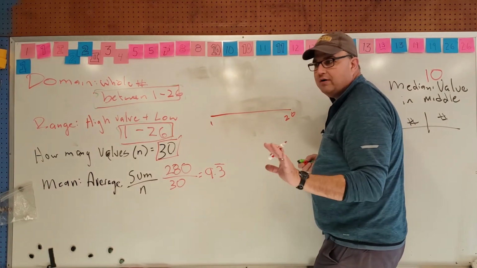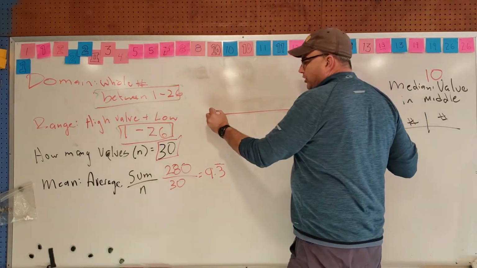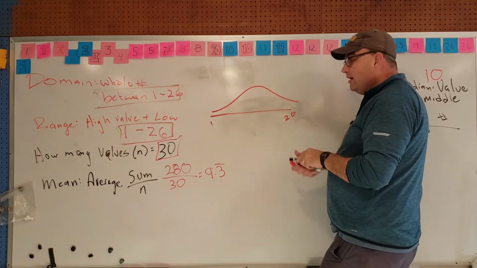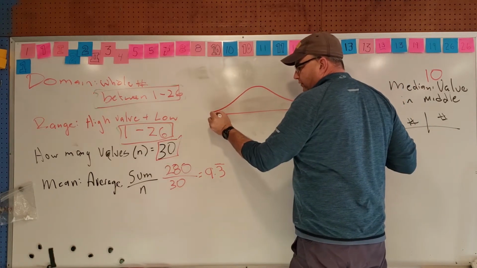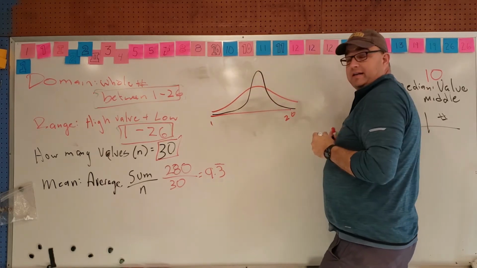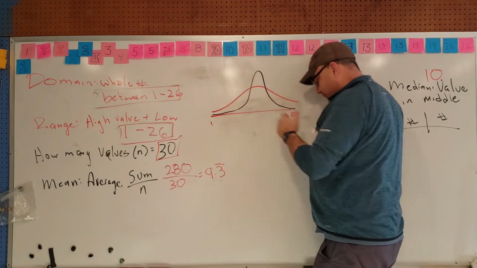And those of you who have taken statistics, I don't mean to bring back bad memories, but that bell curve is going to be something like that. It could look like that, or that bell curve could look something like that. Here they're all much more closely centralized. Here they're much further out.